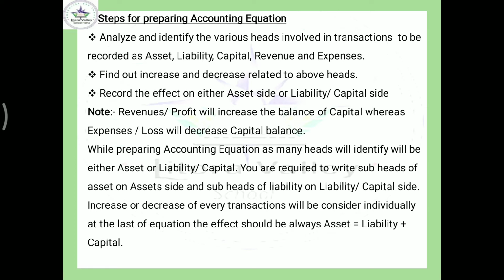While preparing the accounting equation, as I have explained, first of all you will have to analyze and identify the heads. The heads may be in the groups of asset, liabilities, capital, revenue, and expenses.